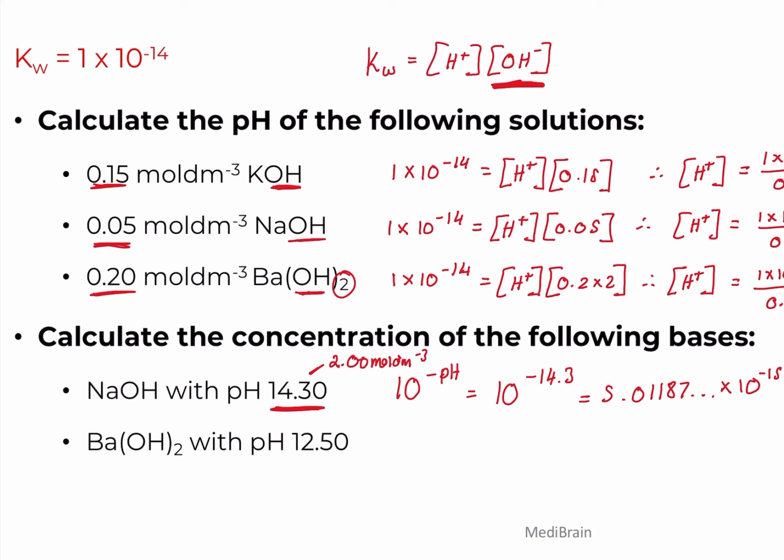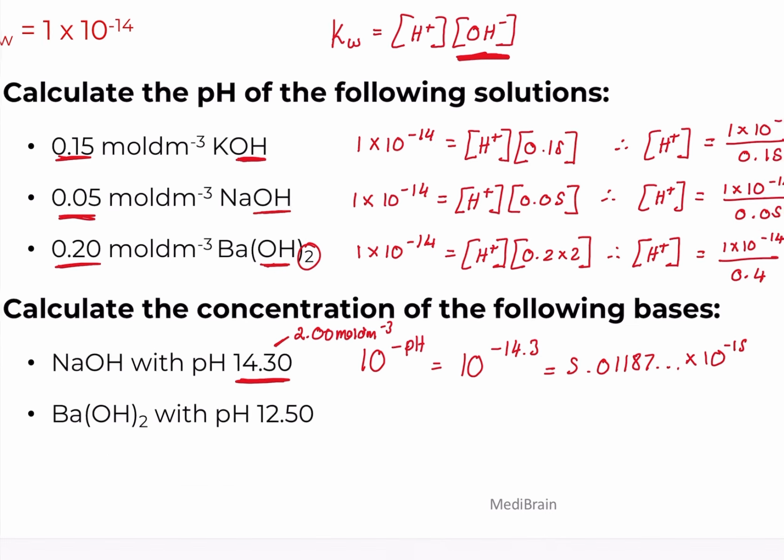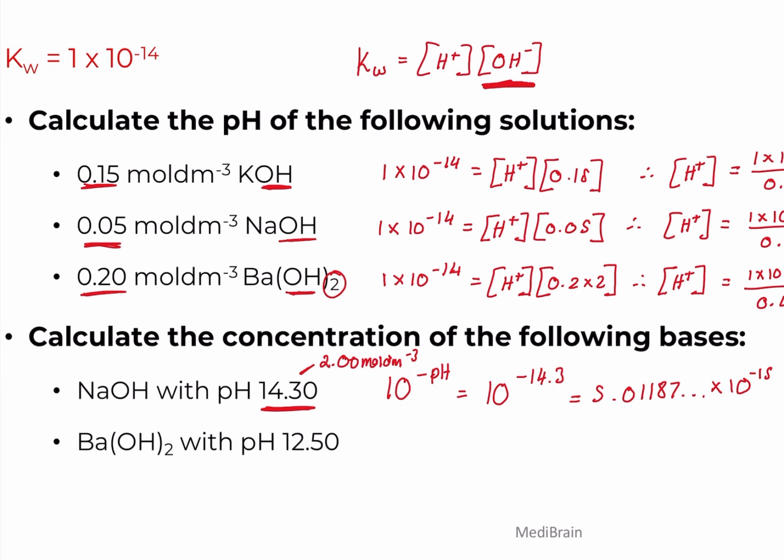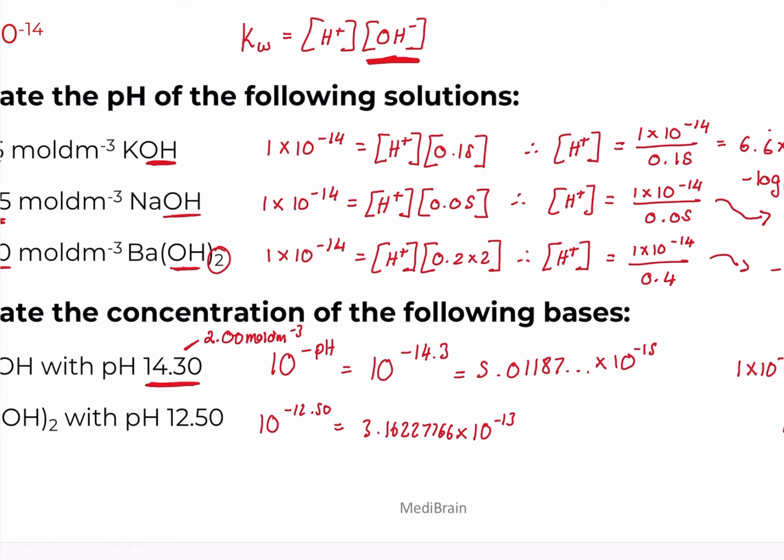Okay, now barium hydroxide with a pH of 12.50. Again, we're going to start off by doing 10 to the power of negative 12.50. And that's going to give us an answer of 3.1627766 multiplied by 10 to the power of minus 13. This is the hydrogen ion concentration.